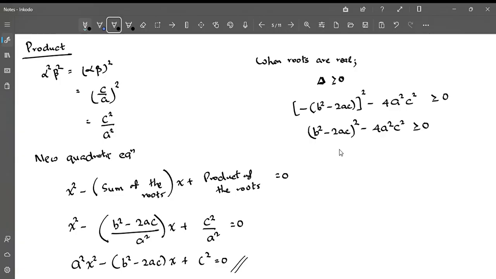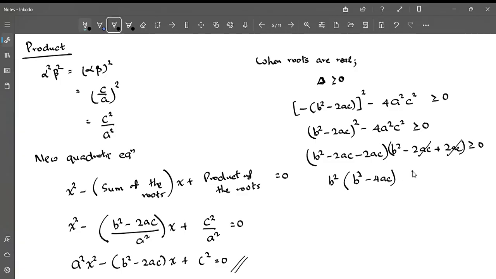Now what you have to do is, this is a difference of two squares. You can easily take b squared minus 2ac minus 2ac and b squared minus 2ac plus 2ac, greater than 0. This and this cancel off. You will have b squared minus 4ac and here you have b squared outside. When roots are real, this is the condition: b squared times (b squared minus 4ac) should be greater than or equal to 0.